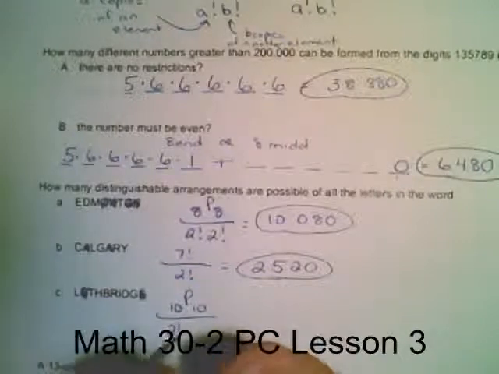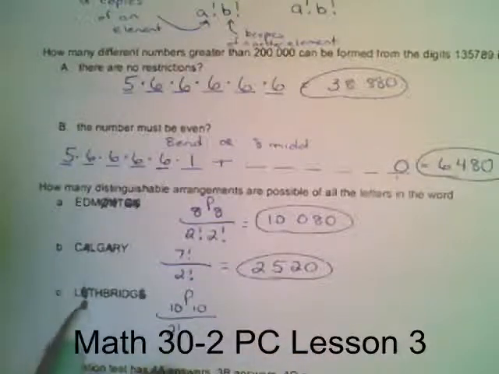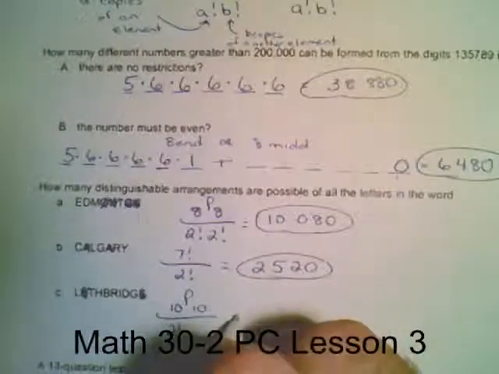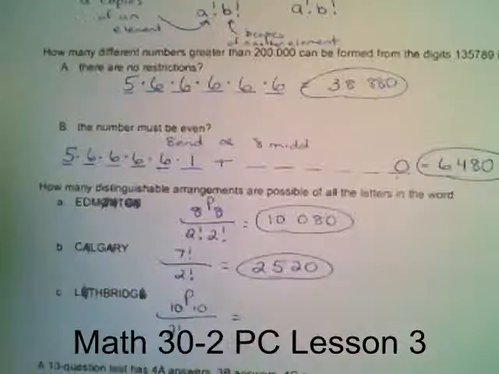If I look at Lethbridge, it's 4, 6, 7, 8, 9, 10. It's 10 pick 10, or 10 factorial. I'm going to write 10 pick 10 this time. And looking at this, there's 1, 2 E's, so 2 factorial for the E's. I'm just looking at this again and I don't see anything else.